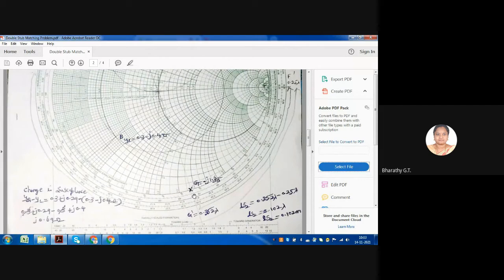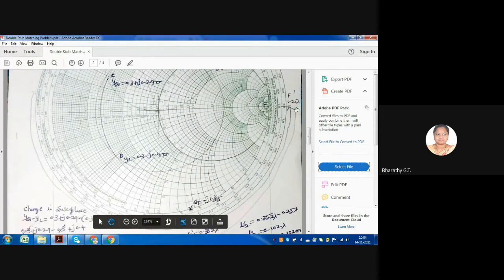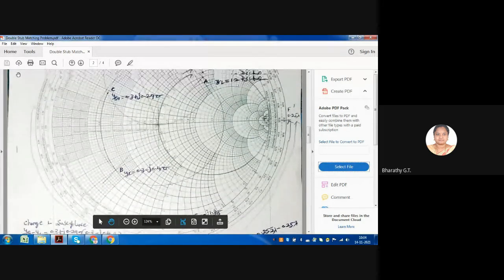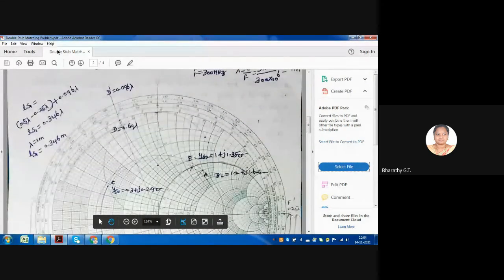So now you have to finally find the length of the stub. From this point 0.25, this distance 0.352. So the distance between 0.352 and 0.25 will give you the length of the stub 2. And from this 0.25 lambda to this point, that is 0.096 lambda. From there to this point will give you the length of the stub 1.